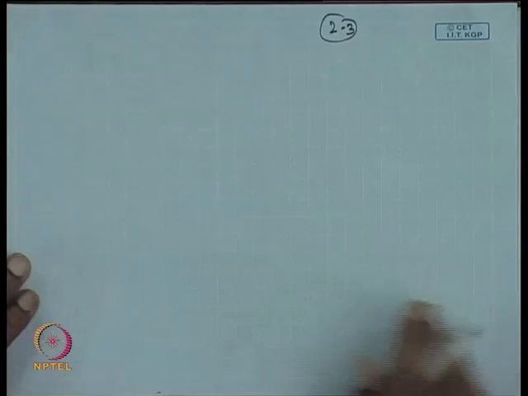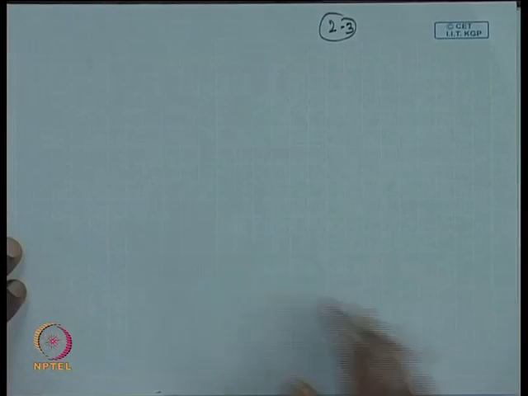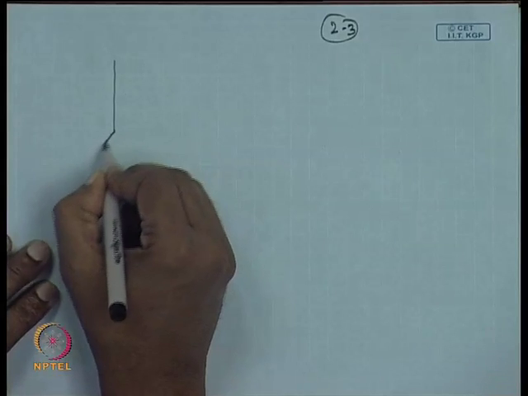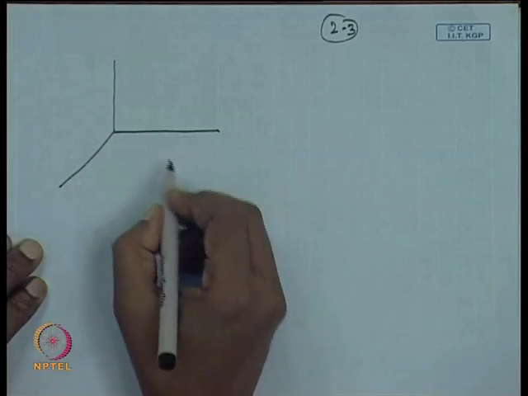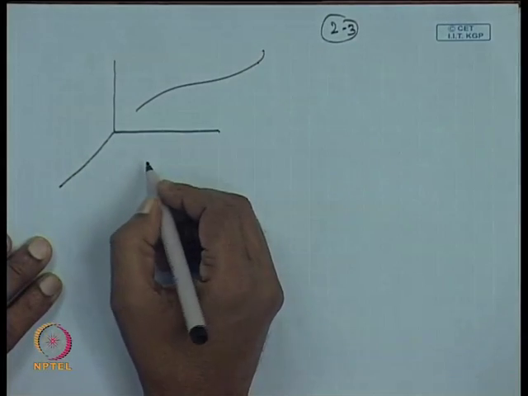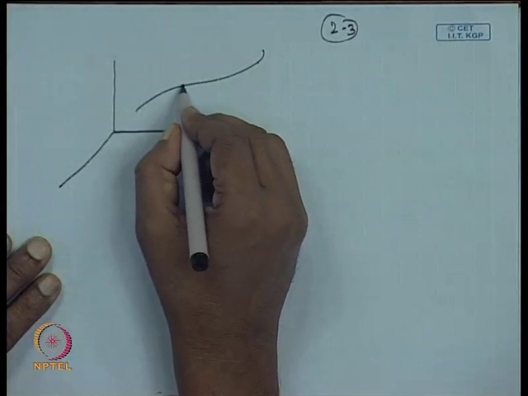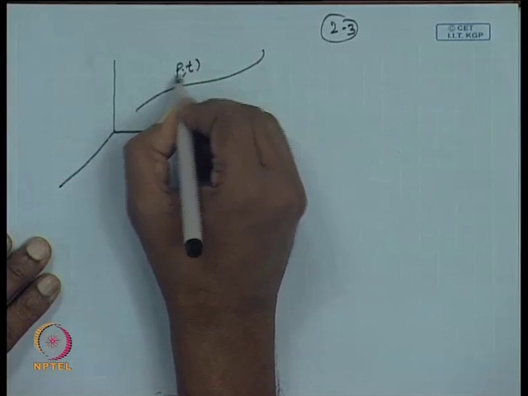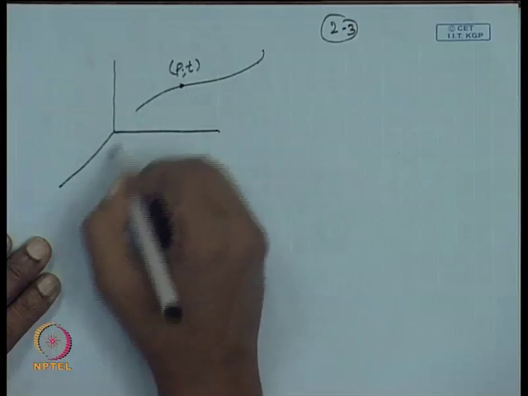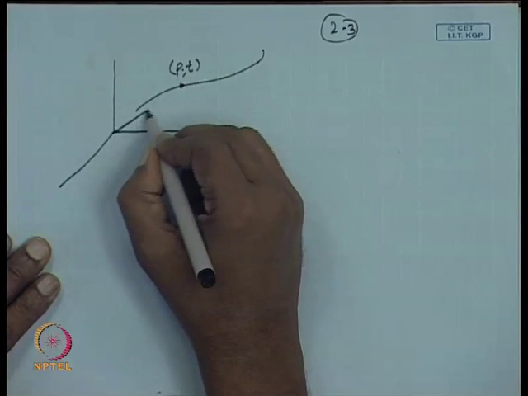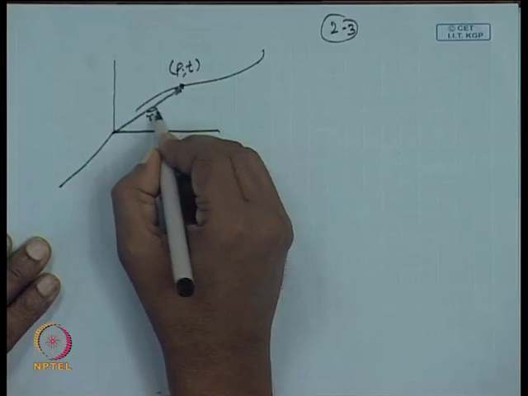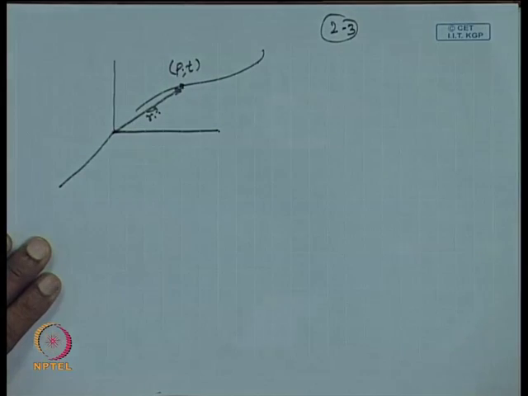So, let us start with the kinematics of a particle. We are trying to find out the velocity of a particle in 3D. Let us say this is a trajectory along which some particle is moving. This is our particle at time t. The radius vector of this particle from this point I can show as r.